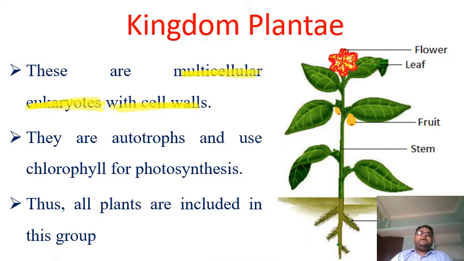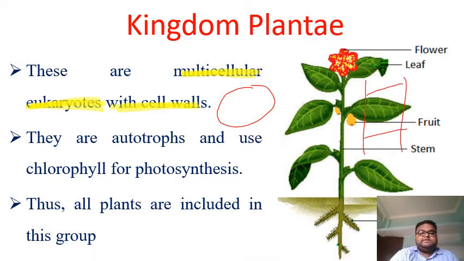Okay, students, whenever you have drawn an animal cell, you have drawn it like this, isn't it, without the cell wall. But whenever you have drawn a plant cell, you have made it like this, right? First of all, you have made the cell wall, then you have made the plasma membrane within which the cytoplasm is present. So the kingdom Plantae members are multicellular eukaryotes with cell wall.